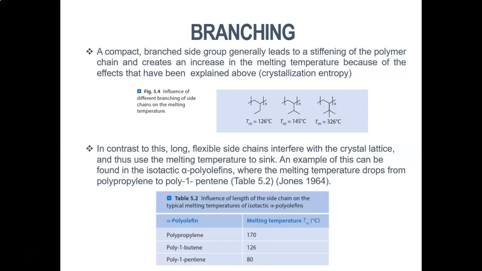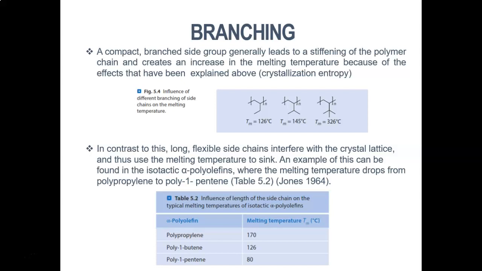Initially the melting temperature continues to drop with increasing side chain length. However, after a certain length, it increases again slightly. This can be observed for side chains that are longer than eight methyl units, such as poly-1-decene. The reason for this is the increasing influence of the side chain crystallization on the conformation of the main chain.